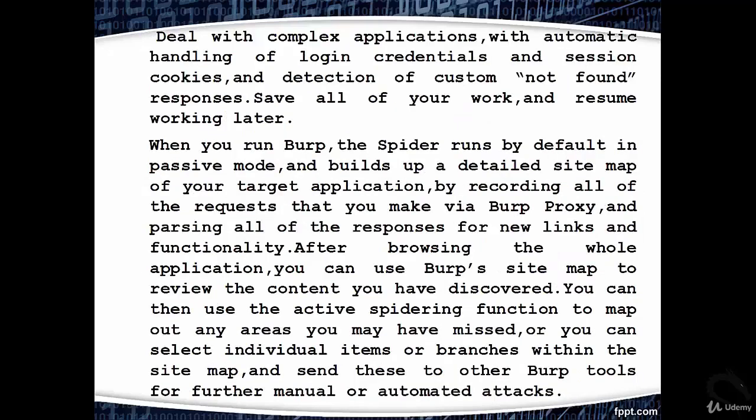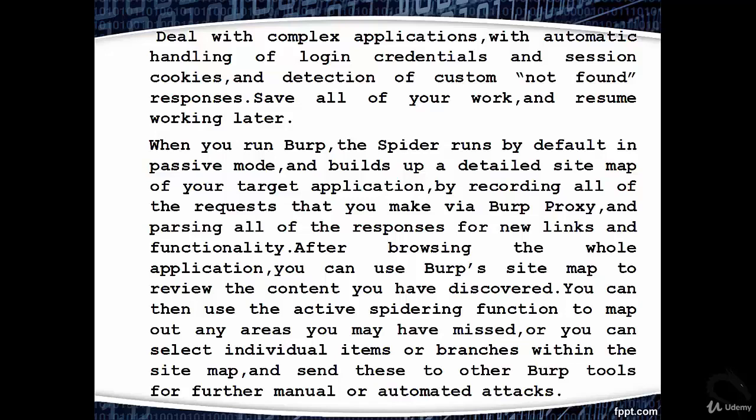When you run Burp, the spider runs by default in passive mode and builds up a detailed sitemap of your target application by recording all of the requests that you make via Burp proxy and parsing all the responses for new links and functionality. After browsing the whole application, you can use the Burp sitemap to review the content you have discovered.